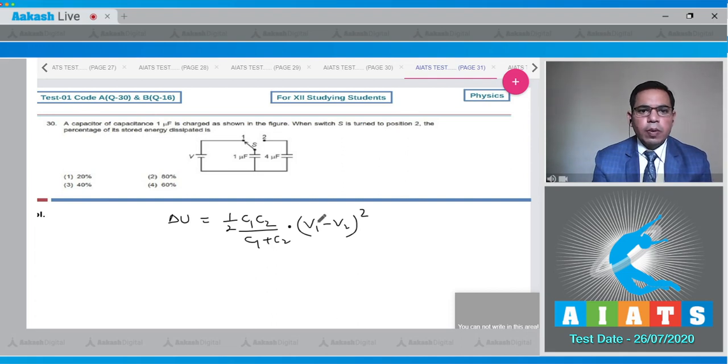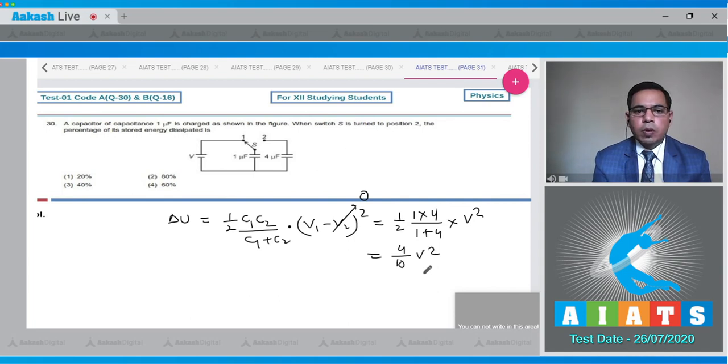This is the formula when capacitors are connected with the same polarity. Here one capacitor is uncharged, so V2 is 0. Then it will be half C1 C2, that is 1 into 4 divided by 1 plus 4, times V square, which is 4 by 10 V square.